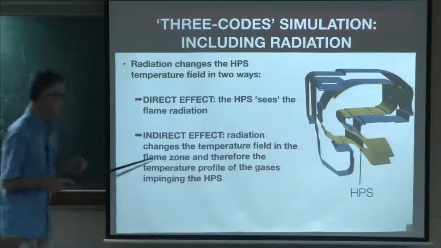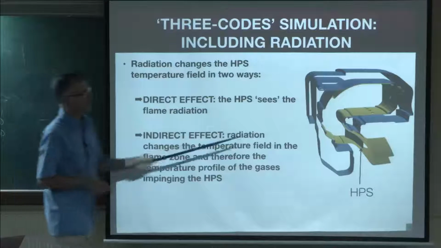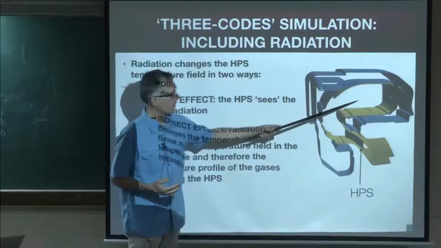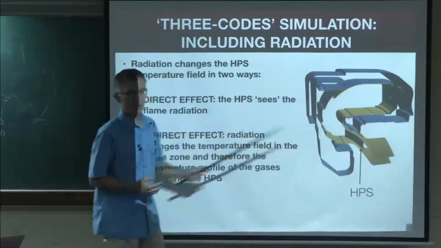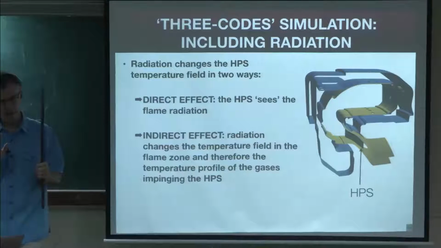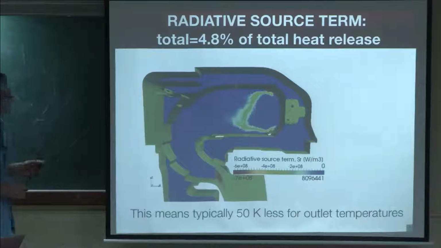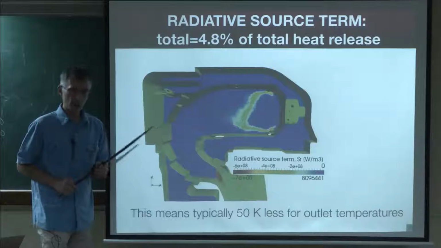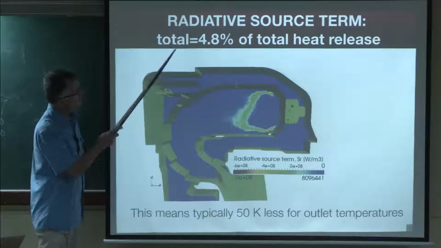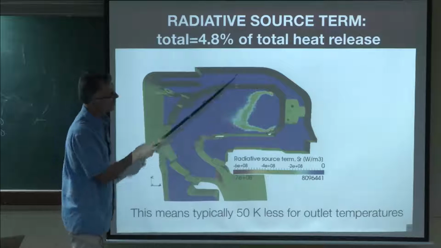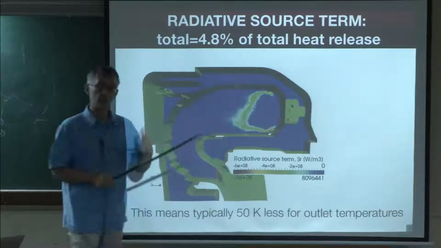However, there is an indirect effect: if you have radiation in this zone, it will change the mean temperature profile here. And by convection, it will change the heat on the blade. How it does that is very difficult to say. So this is the radiative result. And it tells you that there's about 5% of flux which is lost compared to the total heat release because of radiation.